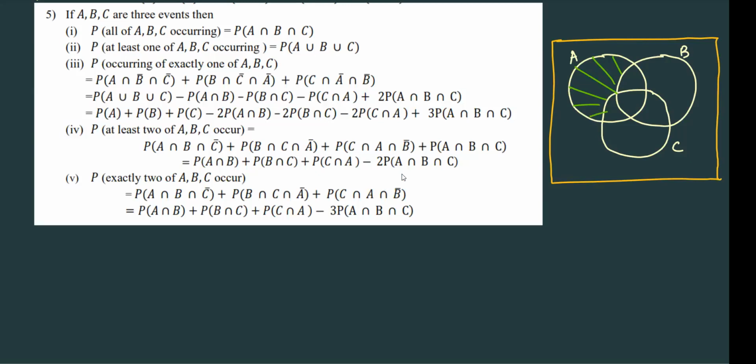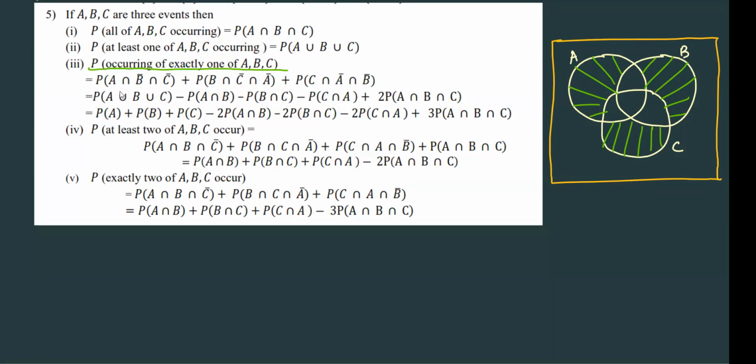Then probability of B but not A and C means this region. Probability of C but not A and B means this region. So occurring of exactly one, this green portion is what this means. Probability of exactly one of the events occurring.